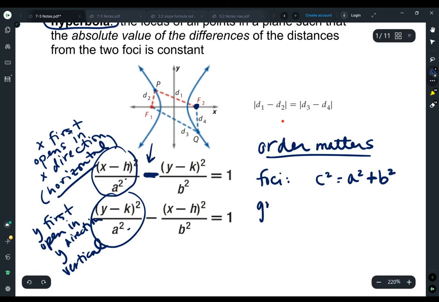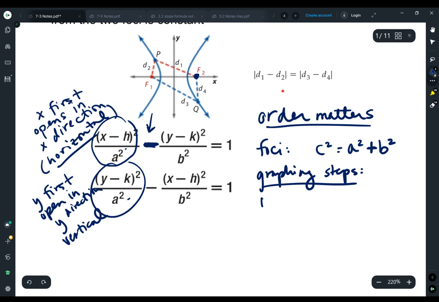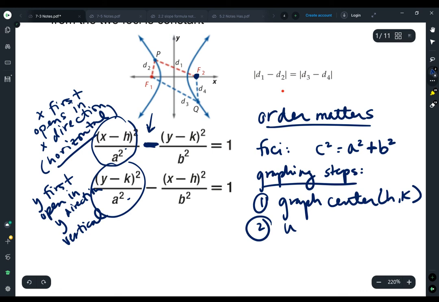And we've got some graphing steps here. We'll look at more vocab on the next page too. That's kind of more mixed in when it's important. So first we're going to graph our center, which is (h, k). Then we're going to use a and b to draw, instead of an ellipse, a box.